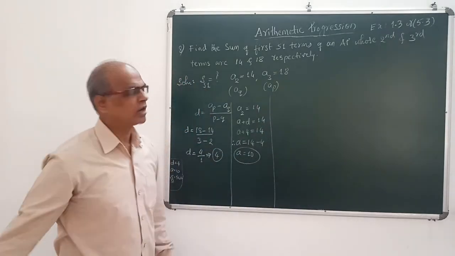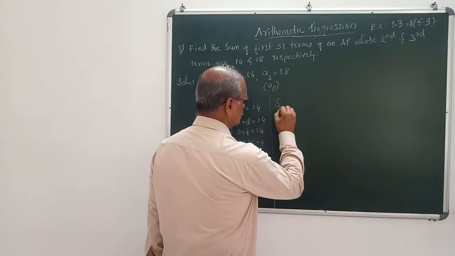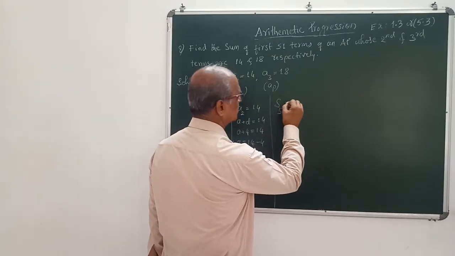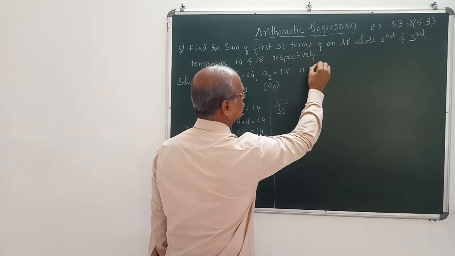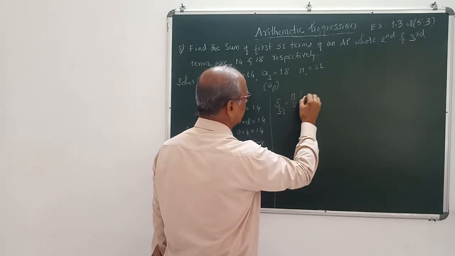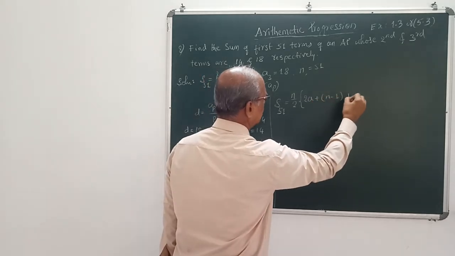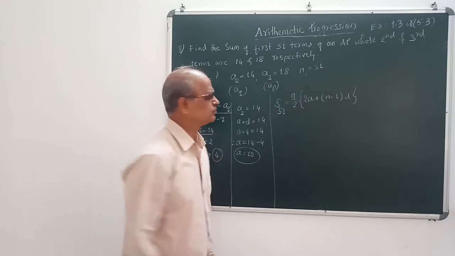Now, A we know and D we know. Now, we have to go in for S51. So, S51, that means what? n is equal to 51. n by 2 into bracket 2A plus (n minus 1) into D, bracket close.